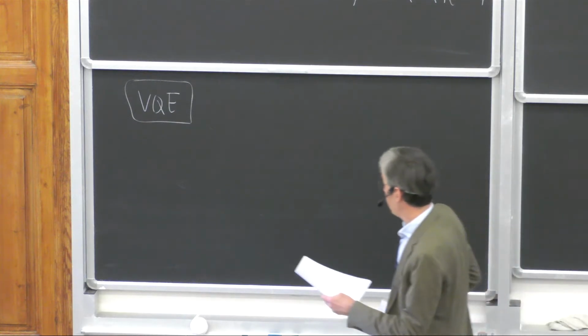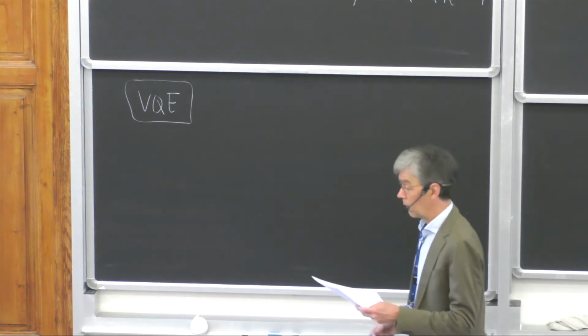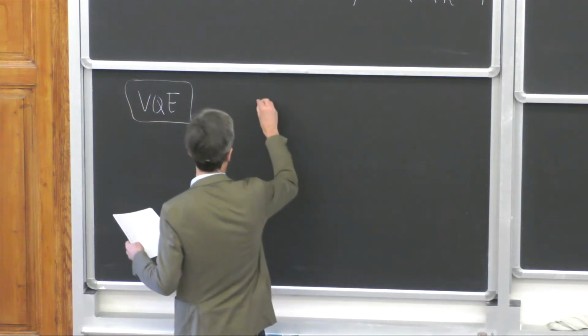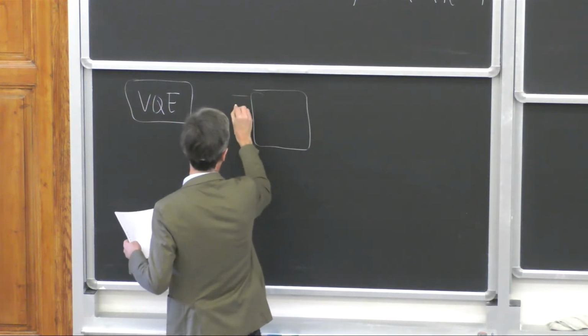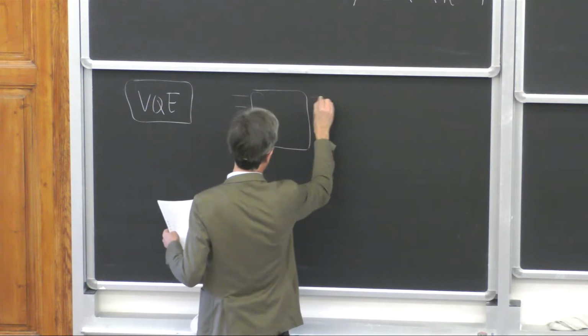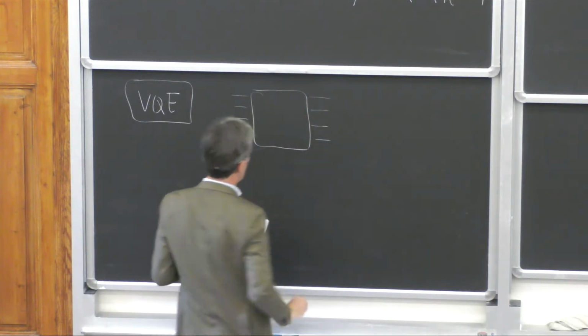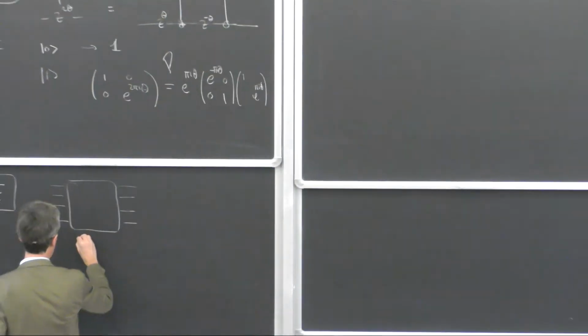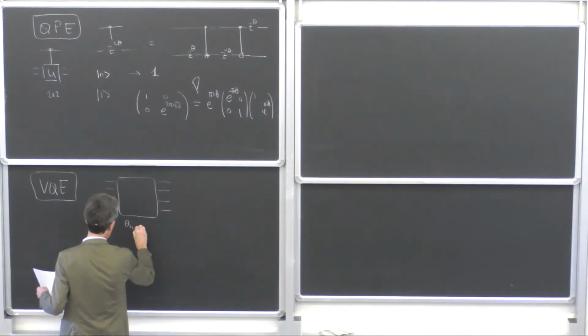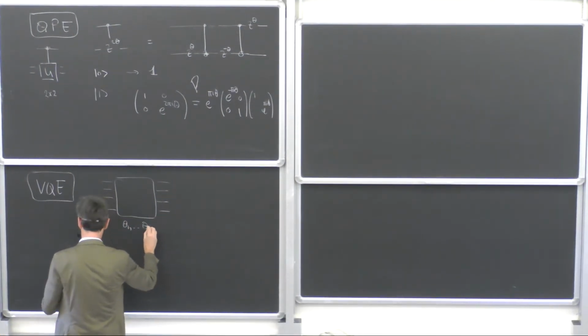So a typical circuit doing this job would be, let's say, as follows. There's some kind of black box with lots of qubit lines whose task is to produce a state. This box is parameterized by a bunch of angles, let's say thetas.